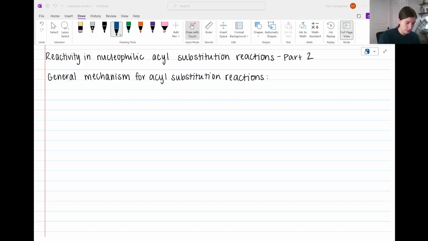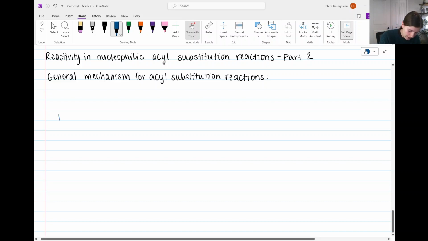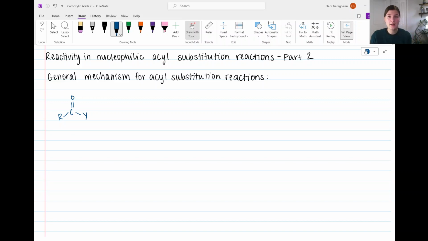So we're just writing out a general mechanism here. We have acyl group substitution. So we have an acyl group, and the letter Y will represent the different groups that could be there. If we are starting with an amide, then Y is an NR2 group.